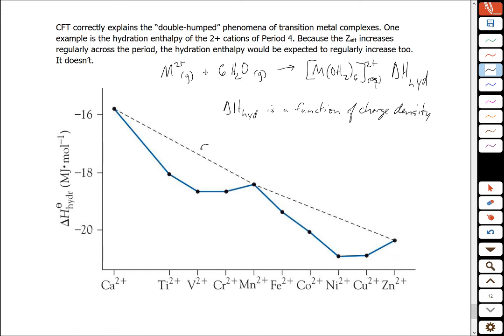This dotted line is the predicted hydration enthalpy based on charge density for the 2+ cations of the first row transition metals. Okay, so this, in fact, for all of period 4. So we start here at calcium 2.